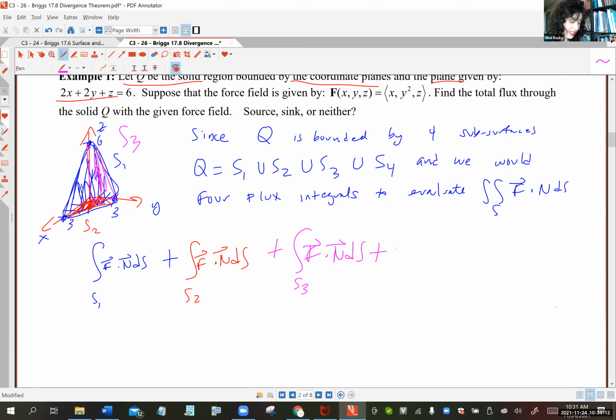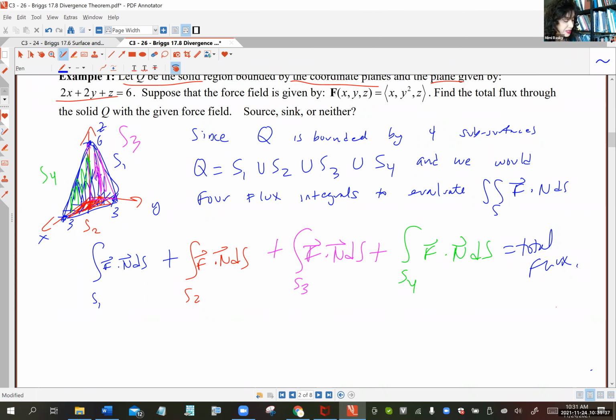And then finally, the last side of this 4-sided guy here would be the side that's in the XZ plane. We can call that the surface 4. And if we did all 4 of these flux integrals and added up all the results, this would give us the total flux. And it would take some time, but we could definitely do it.